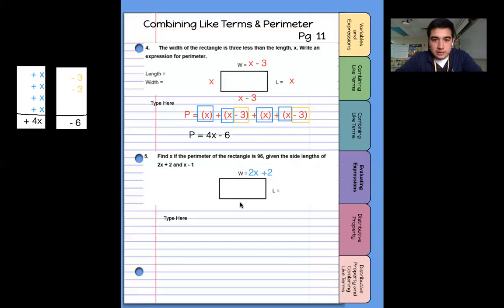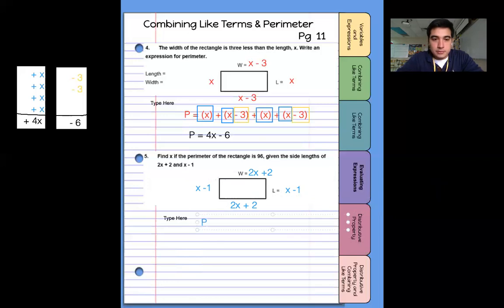But if this side's 2x plus 2, then that means this bottom one also needs to be 2x plus 2. Okay. And so that means this side is going to be x minus 1. And that also means this side is going to be x minus 1. Okay. So we have all 4 sides. Now, just like before, we're going to list them out.